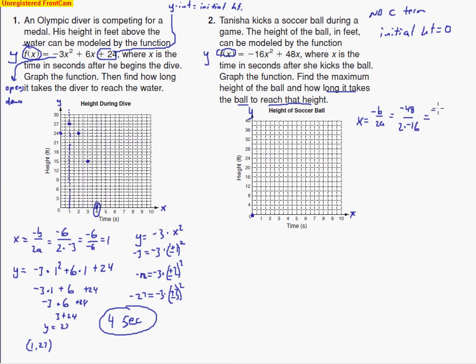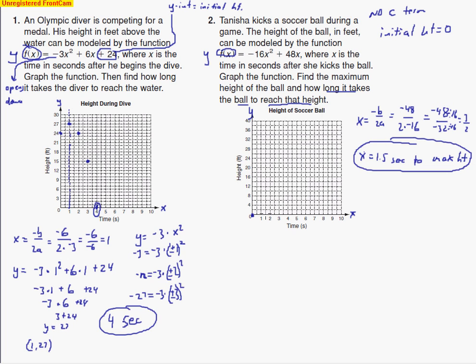So that makes negative 48 over negative 32, which we can reduce. I see that 16 goes into these numbers, and that reduces all the way to 3 halves. So 3 halves, well, that would mean x is 1.5. So 1.5 seconds to maximum height. That's the time it takes. That's part of the question there that they're asking.